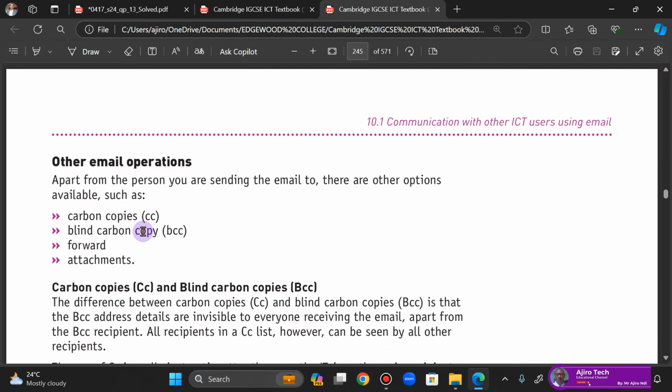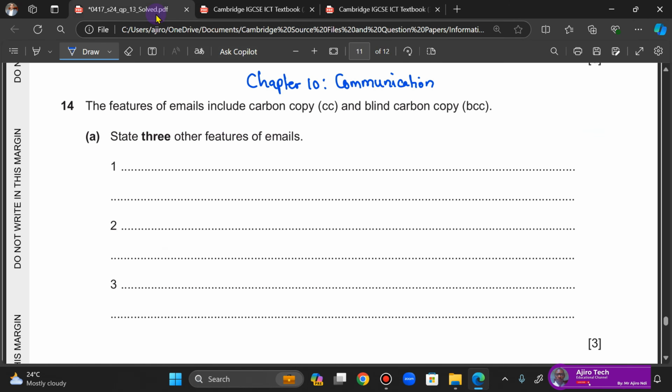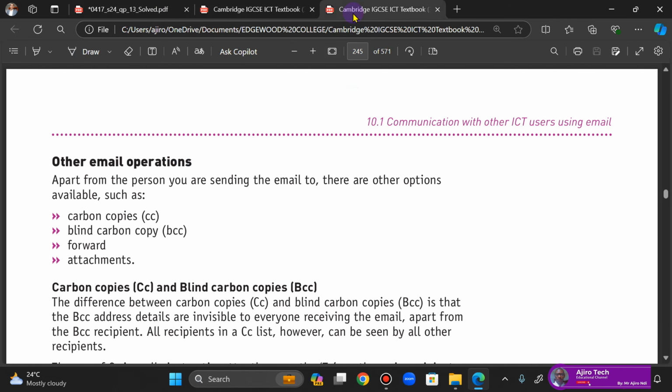So other email operations, we have the carbon copies, blind carbon copies. We also have forward, so we can have automatic replies to messages. So we have forward. That's the first one. We also have attachments.